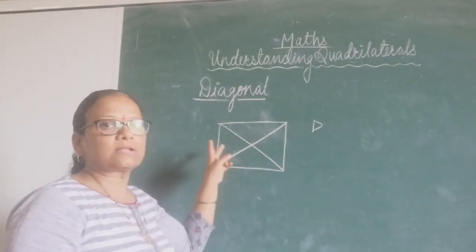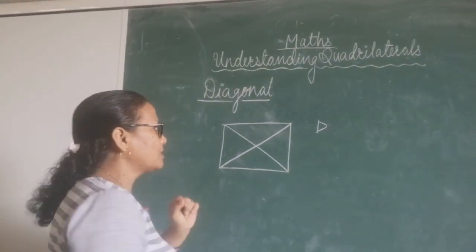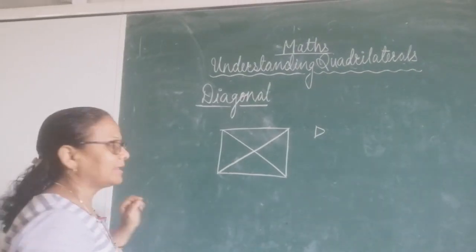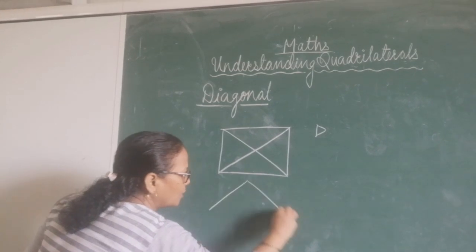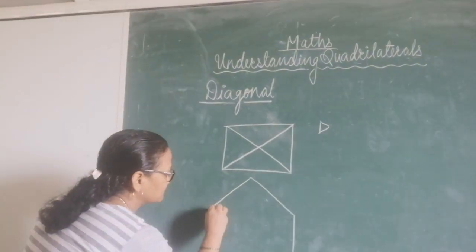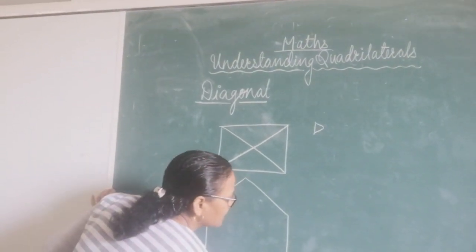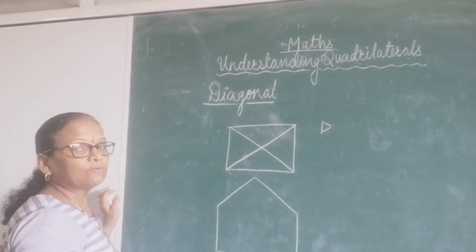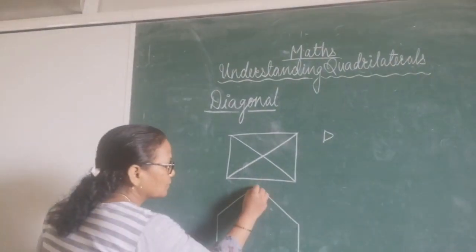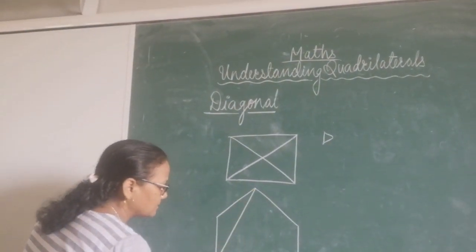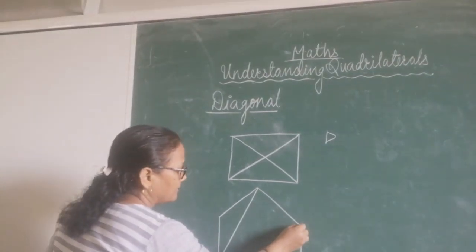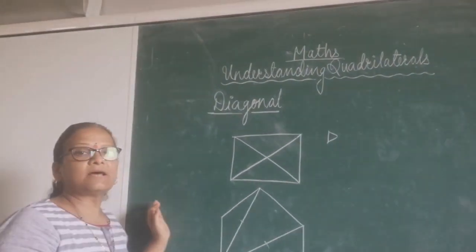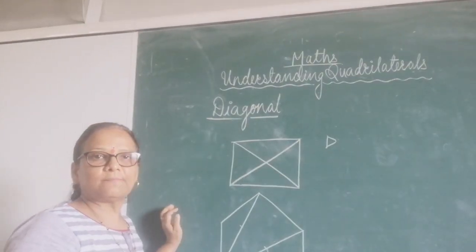If you talk about the pentagon, a polygon with 5 sides, how many diagonals are there? Already I told you, non-adjacent. So here, this and this, these two are called the diagonals.